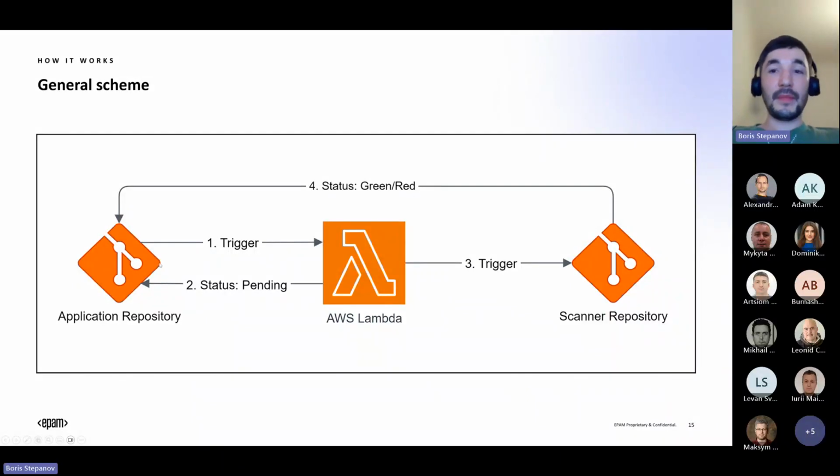This Lambda sets the pipeline status of the commit to pending and triggers the scanner repository pipeline. After that, here in the scanner repository, all the security magic happens, and depending on the result, the status of the application repository here is updated once again to green or red.